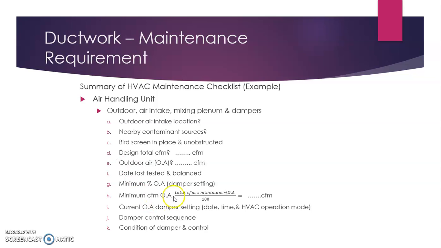We have to make sure of the date last tested and balanced, and the minimum percent of outdoor air intake, so we have to make sure the dampers are set well. Then the minimum CFM for outdoor air, how much minimum CFM is coming to the AHU, so we must also look into the damper setting, and then the current outdoor air damper setting, and then the date, time, and HVAC operation mode there.